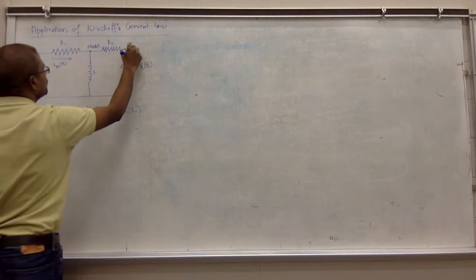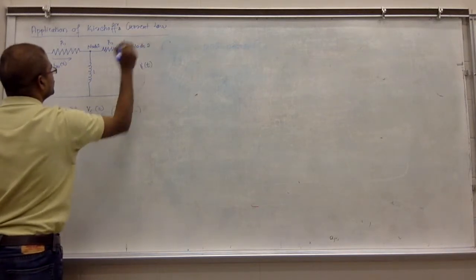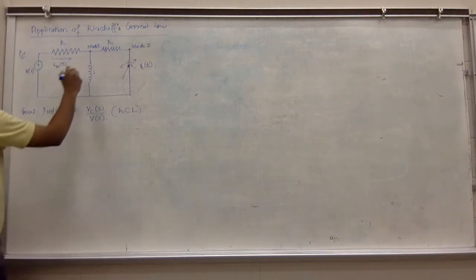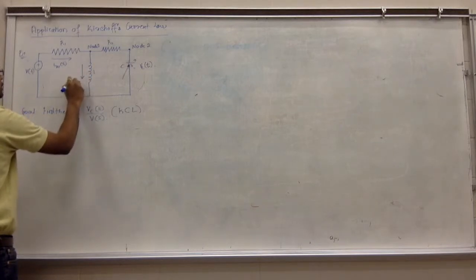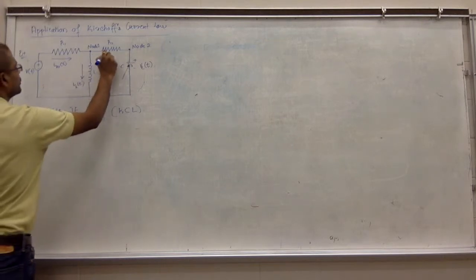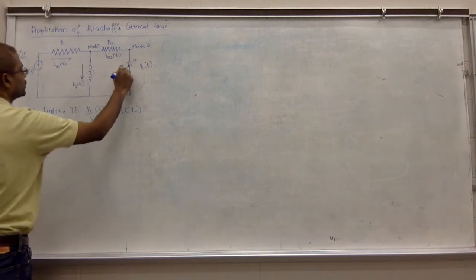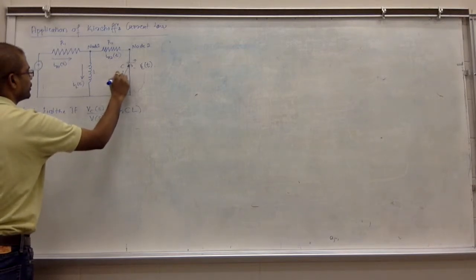This is node 2. The current going through this we'll denote as IL of t, the current through this as IR2 of t, and of course the current going through this as IC of t.